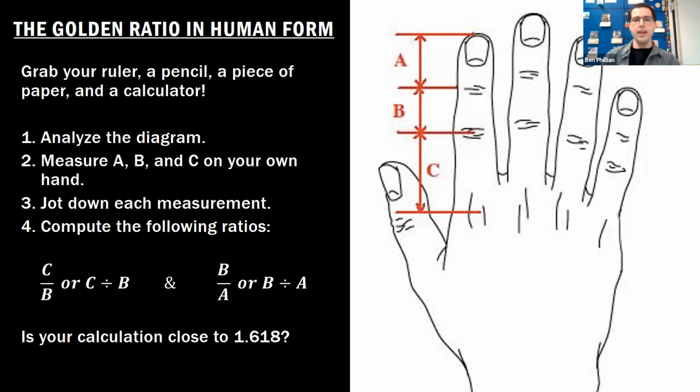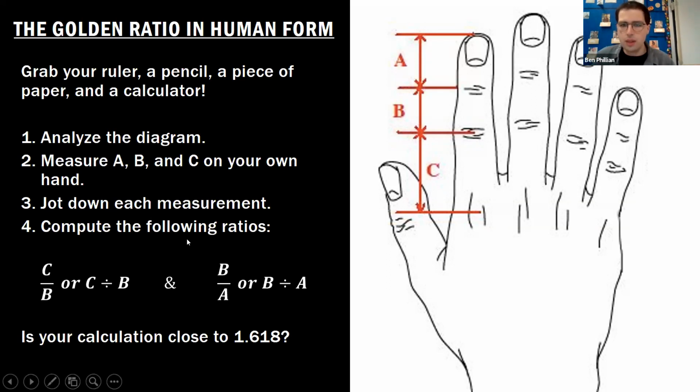On your hand, you measure between your knuckles, and then from your knuckle up. The diagram there dictates what A, B, and C represent. And you can jot down each of those measurements.